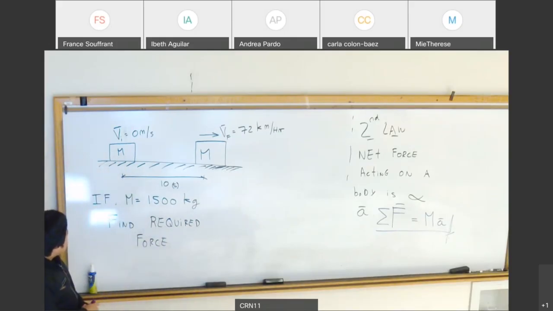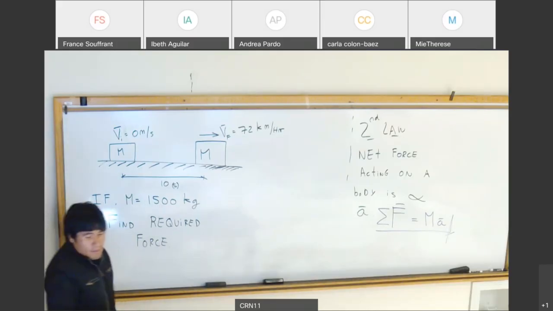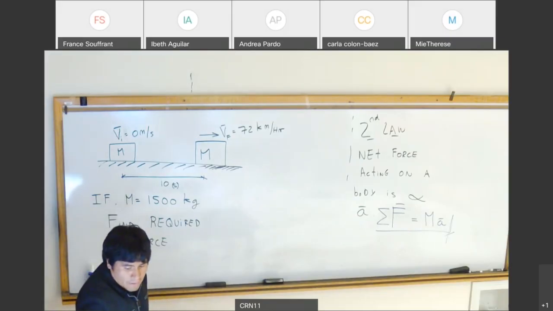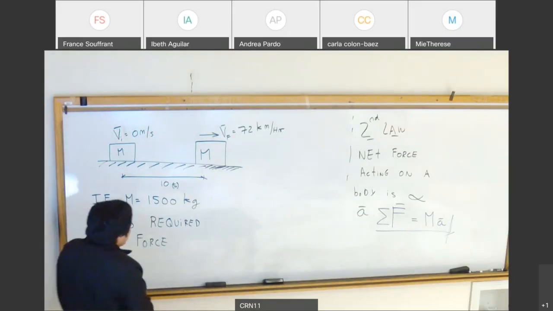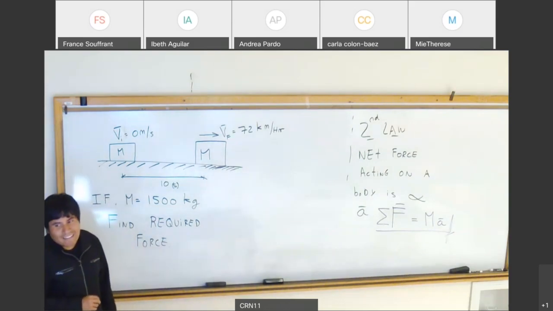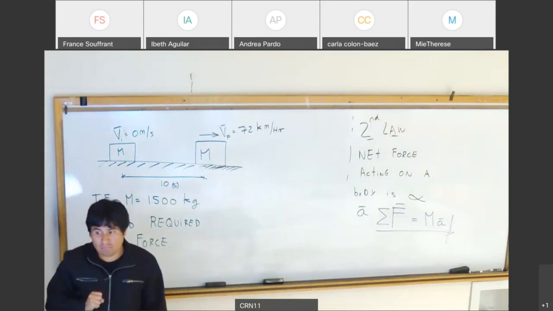All right, so we have the equation there, right? The net force acting on a body is equal to mass times acceleration. Again, for this type of problems, we are neglecting friction for now.